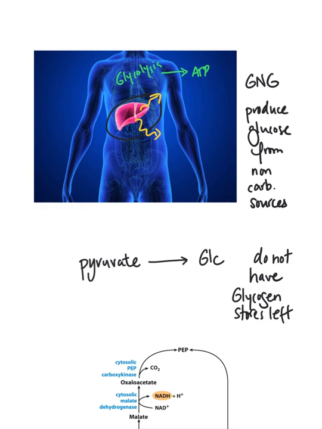Now within the cells of the liver, glycolysis is going to be downregulated when your liver is working hard to make glucose for the rest of the body. That's what it means when the textbook says gluconeogenesis and glycolysis are reciprocally regulated.